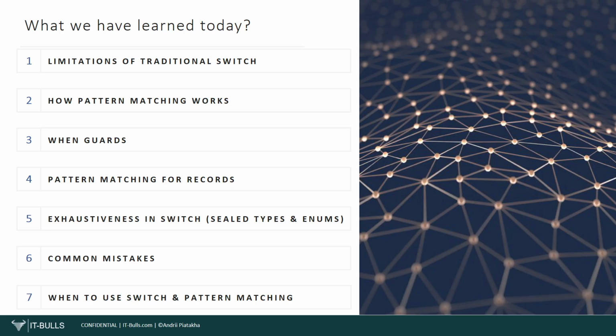Together, we examined how to deconstruct record objects and apply nested pattern matching. We discussed how Java ensures exhaustiveness in switch when working with sealed types and enums. I showed you common mistakes, such as unreachable patterns, and how the compiler helps detect them. Finally, we wrapped up with practical advice on when to use pattern matching in real-world scenarios.